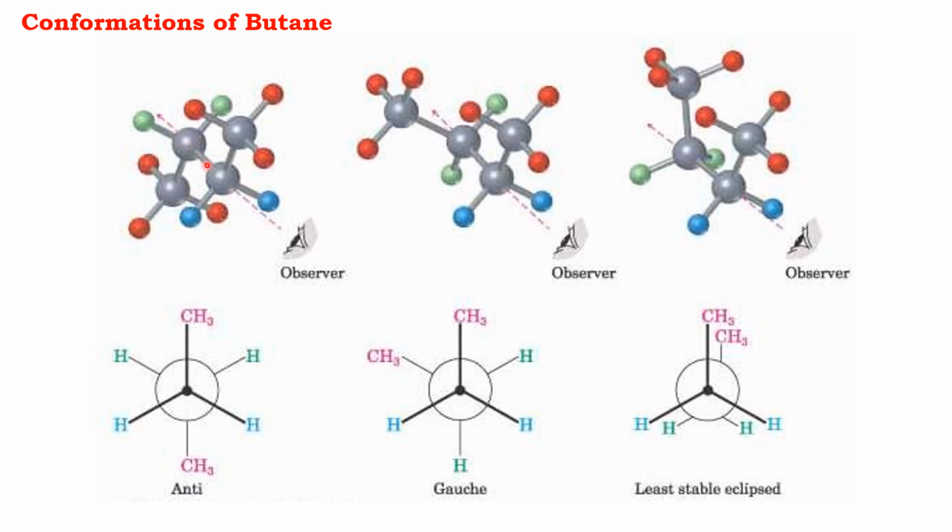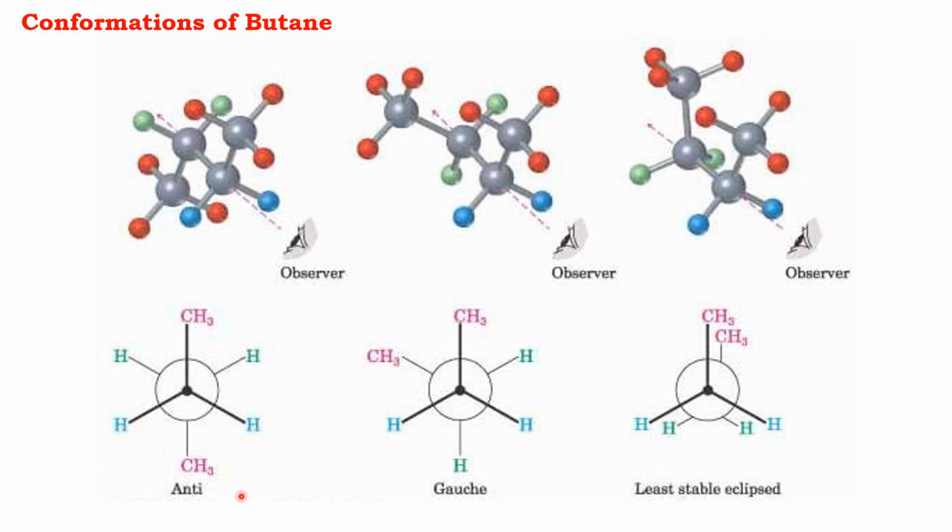When you look at the molecule through this plane, the first methyl group is above the plane while the second methyl group is below the plane. That means the distance between the carbon atom of the last methyl group and the first methyl group is maximum, and that is the anti-conformation.